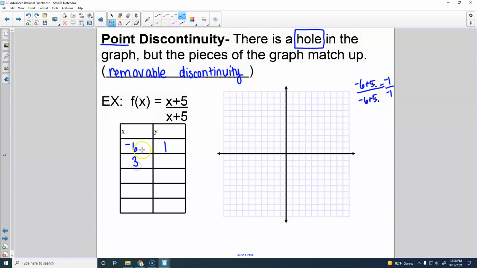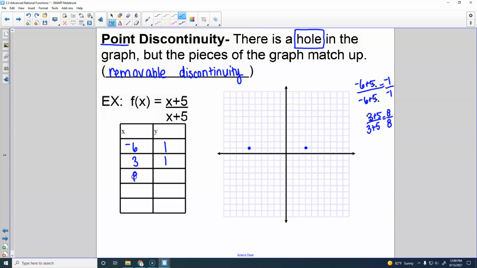All right, so if I plug in 3, I've got 3 plus 5 over 3 plus 5. So that's 8 over 8. What does that equal? 1. So let me graph these points. I got negative 6, 1. I got 3, 1.